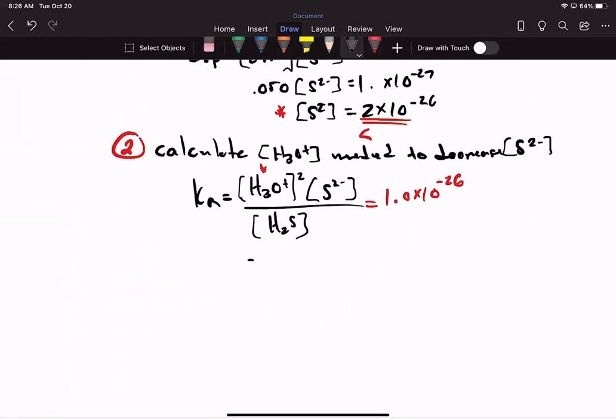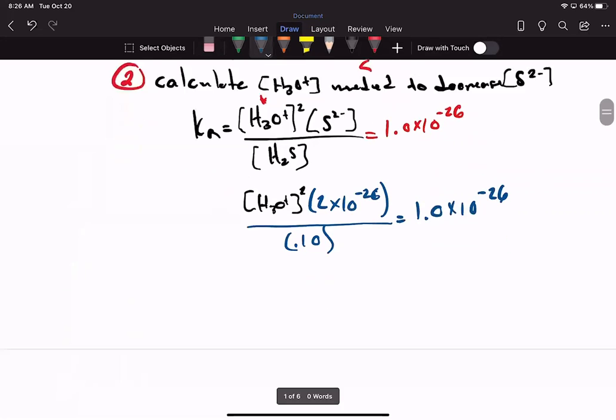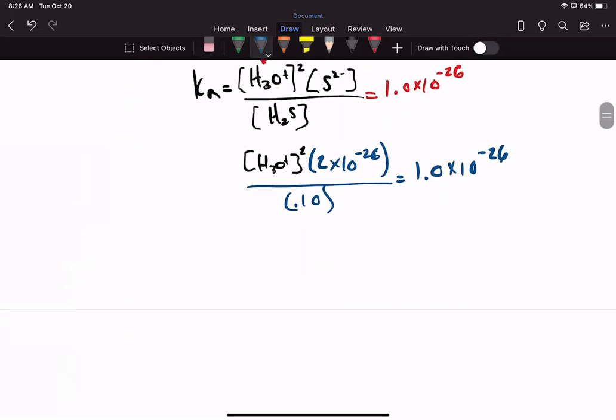The concentration of H3O plus squared times 2 times 10 to the minus 26, over 0.10, is equal to 1.0 times 10 to the minus 26. Let's go ahead and clean that up.